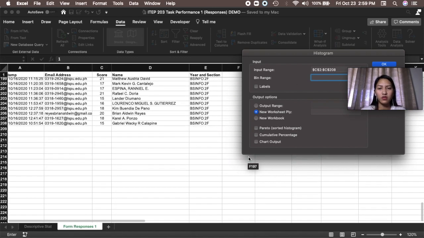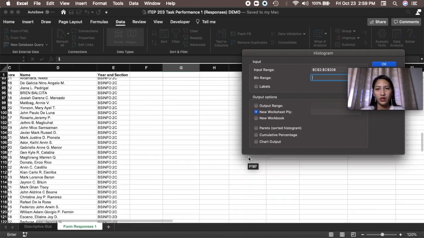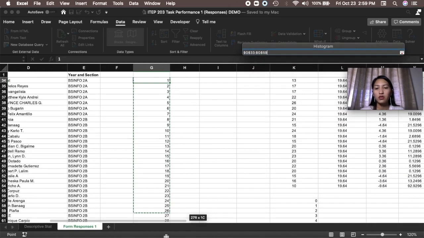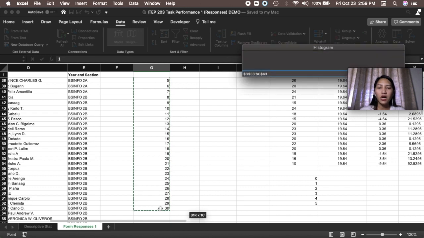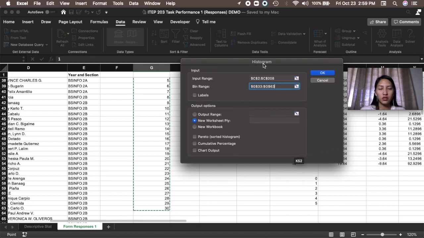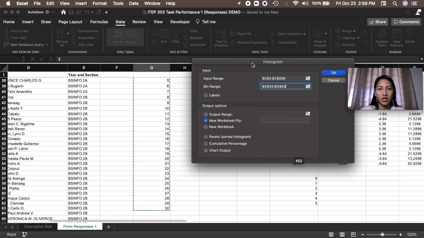So later makikita nyo kung bakit importante yung bin range. So, kaya ko ginawa itong 0 to 30 kasi gusto ko makita kung ilan tao kada score, which is 0 to 30. So, ilan yung naka-0, ilan yung naka-1, ilan yung naka-2, ilan yung naka-30, hanggang 30. So, yan. So, that's the bin range.